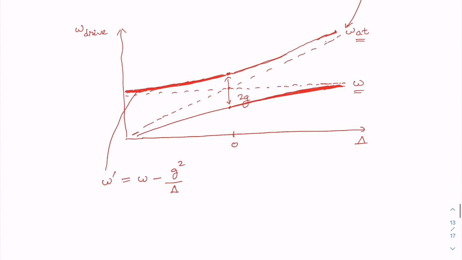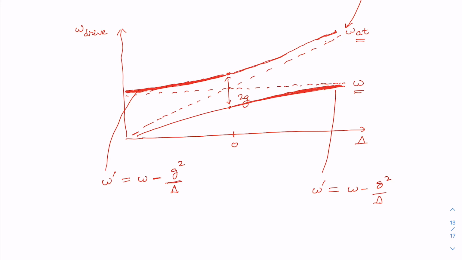That is what we discussed. And here also the same thing, given by omega dash equal to omega minus z square by delta, because this minus sign refers to the fact that the atom is in the ground state, and that is what we always start with.